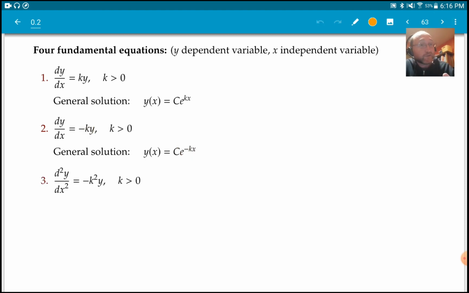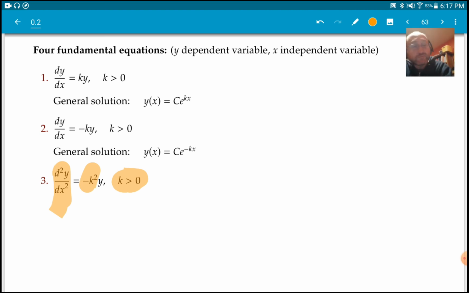Okay, so let's look at something that we haven't seen so far. It's a second derivative here. So the second x derivative of y equals a negative constant in front, and I'll write this negative constant as minus k squared. Let's make k positive. It could be negative, it doesn't really matter, but minus k squared is always negative.